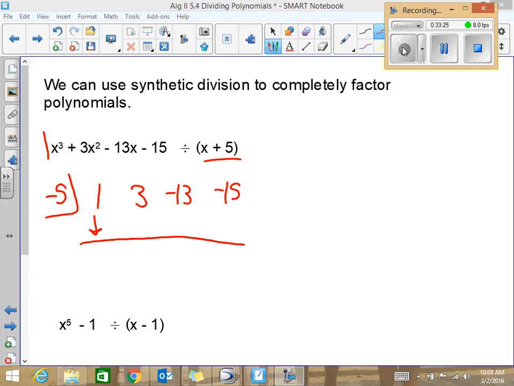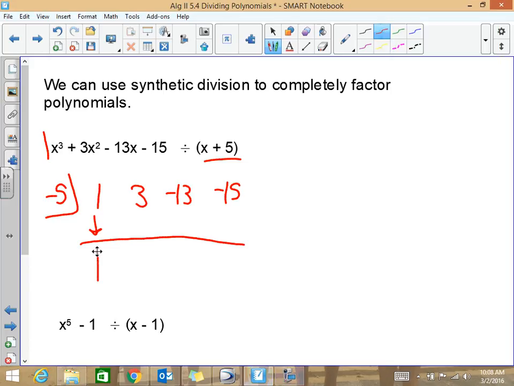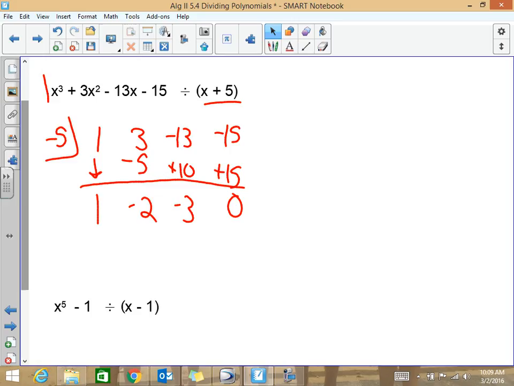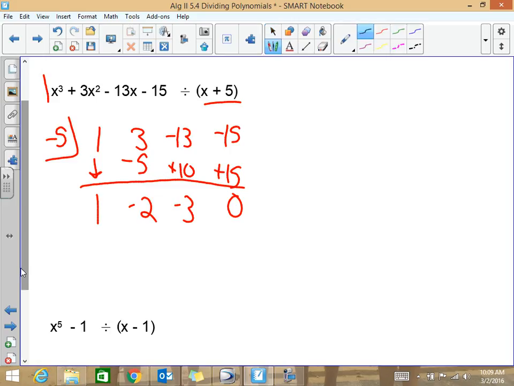Okay, so you bring down the 1, times negative 5 is negative 5, 3 plus a negative 5, negative 2, negative 5 times negative 2, positive 10, negative 13 plus 10, negative 3, negative 5 times negative 3, positive 15, so 0. So our answer equation is 1x squared, so you don't have to put the 1.